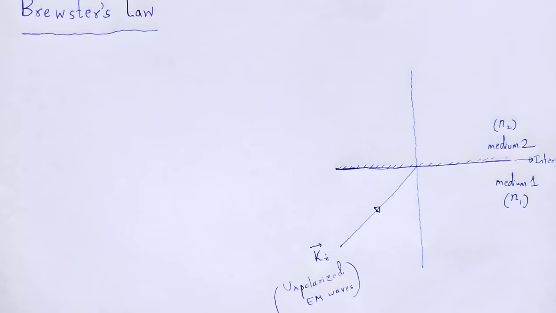Why? There is a relation between the electric field and the magnetic field: the amplitude of the electric field is equal to c times the amplitude of the magnetic field. What is c? c is the velocity of light.